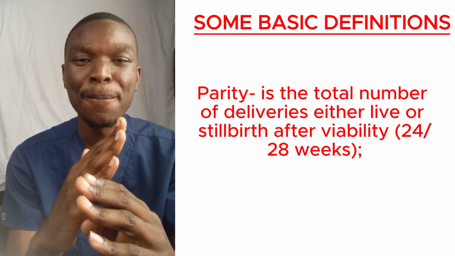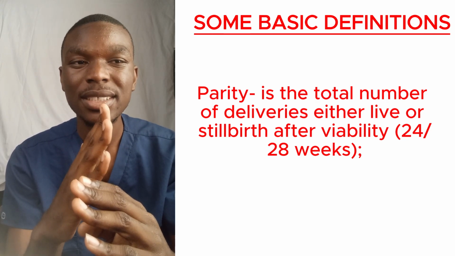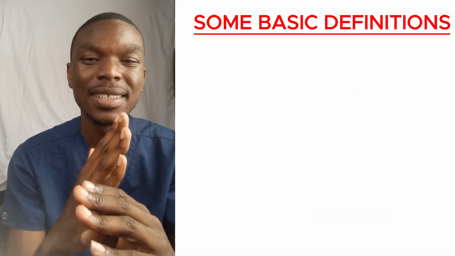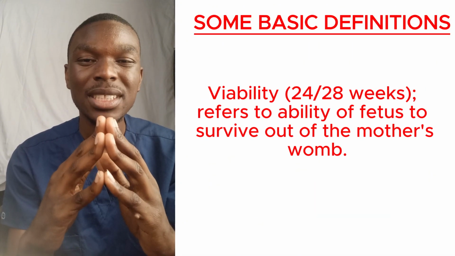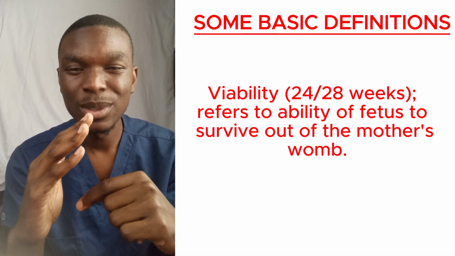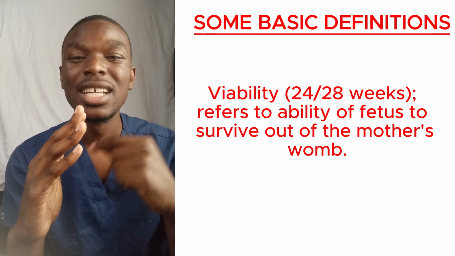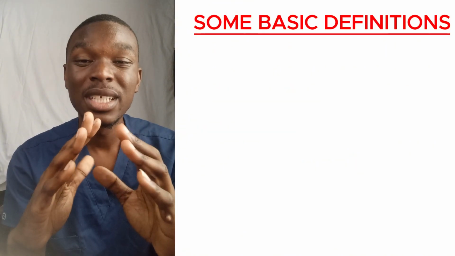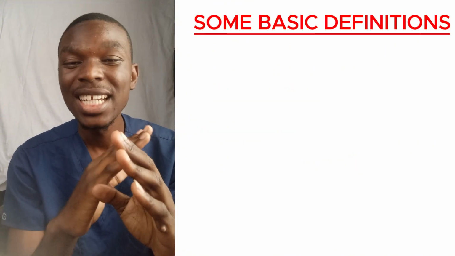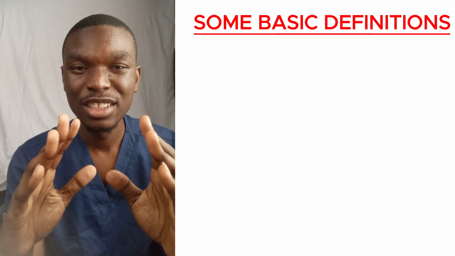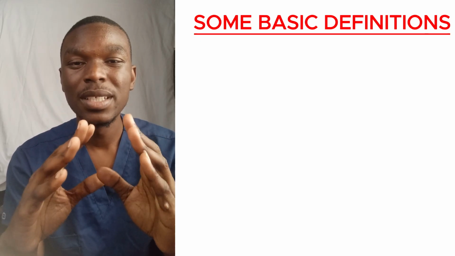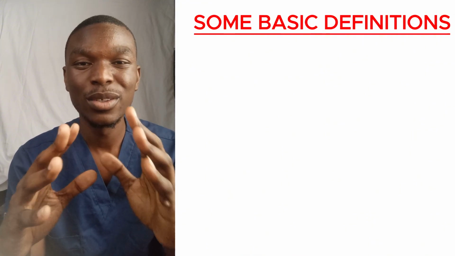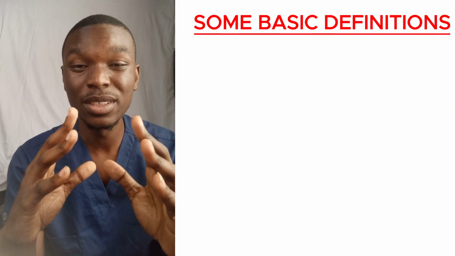Then parity is the total number of deliveries, either live or stillbirth, after viability. Viability simply means the ability of the fetus to survive outside the womb of the mother. This viability differs in different countries because it depends on the facility or the hospital where this child is born.